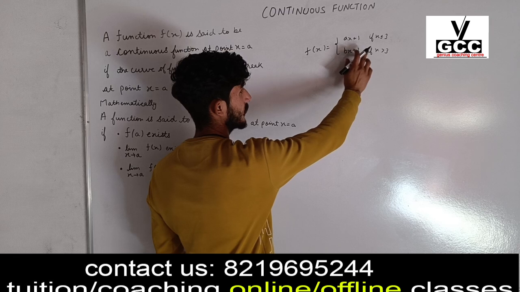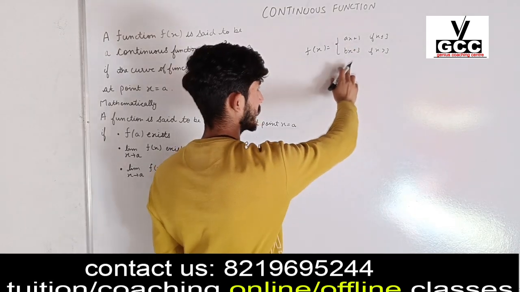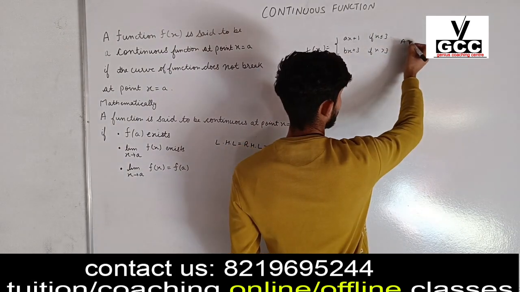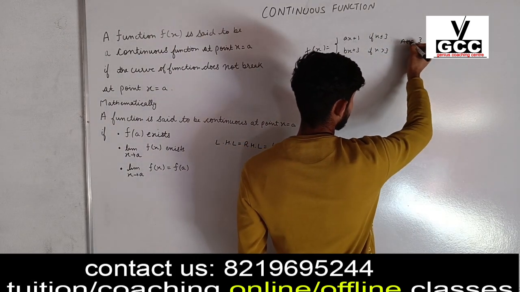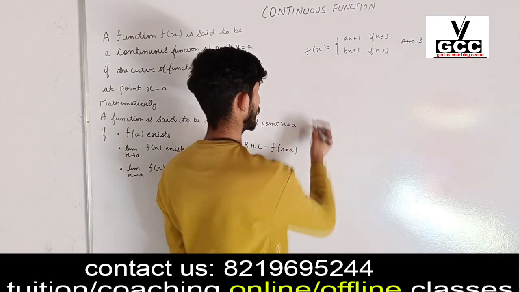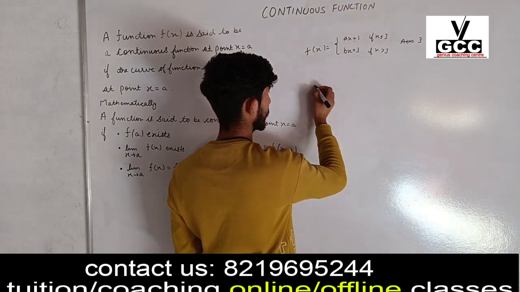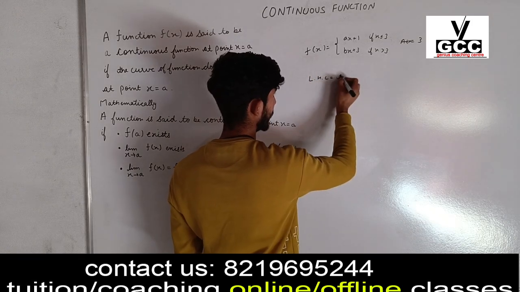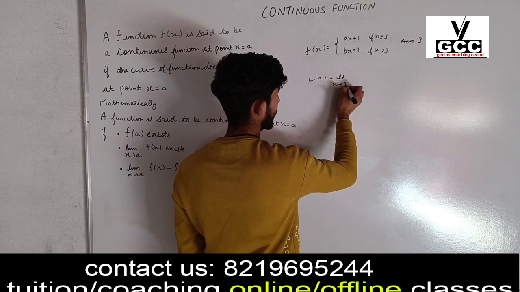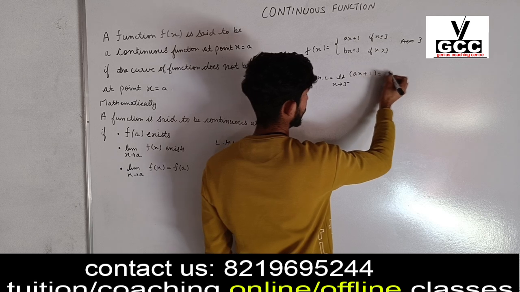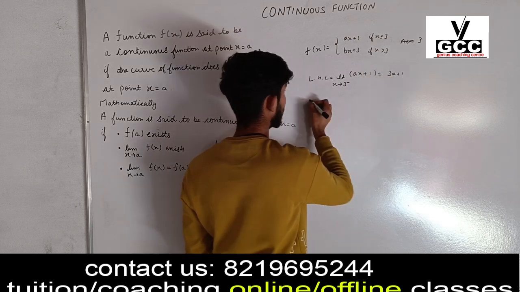f of x equal to ax plus 1 if x is less than or equal to 3, bx plus 3 if x is greater than 3, and the function is continuous at x equal to 3. So we have to find the relationship between a and b. By the definition of the continuous function, left hand limit is equal to limit x approaches to 3 negative, ax plus 1, that is equal to 3a plus 1.